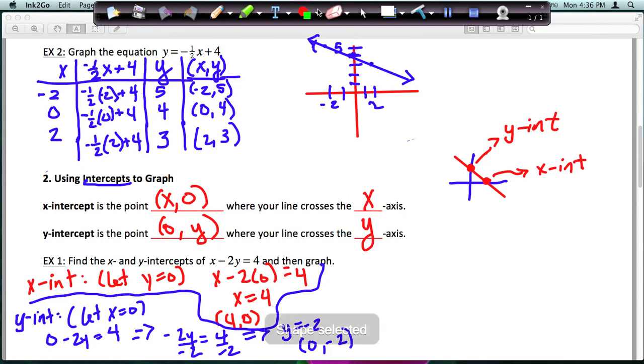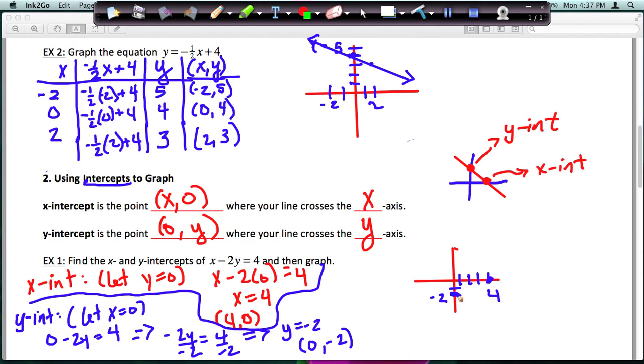So now that we've found the two intercepts, let's go ahead and graph them. So I need 4 and negative 2. I'm just showing that I'm counting by ones again. So I'm going to plot the point x-intercept 4, 0, which is right here, and y-intercept 0, negative 2.